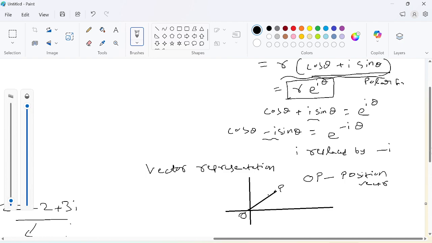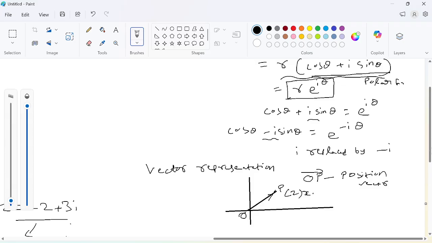That means it is having some direction like this, OP. So a vector is represented by a position vector. This is your complex number, say z. So vector representation means there will be a direction from the O. So I'll just write like this, OP.